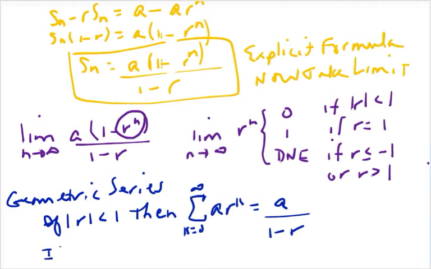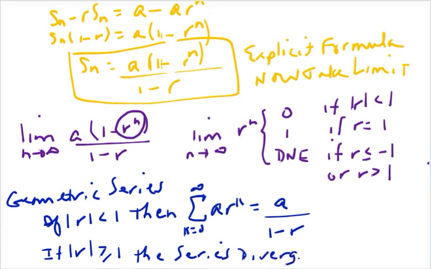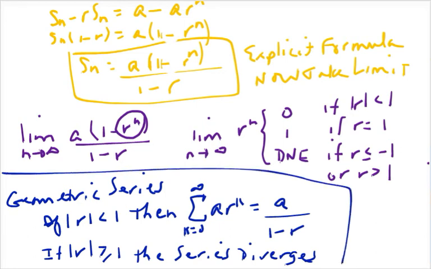If the absolute value of R is greater than or equal to 1, then the series diverges. So all the work in proving that boils down to this, which is what you really need to know right here.